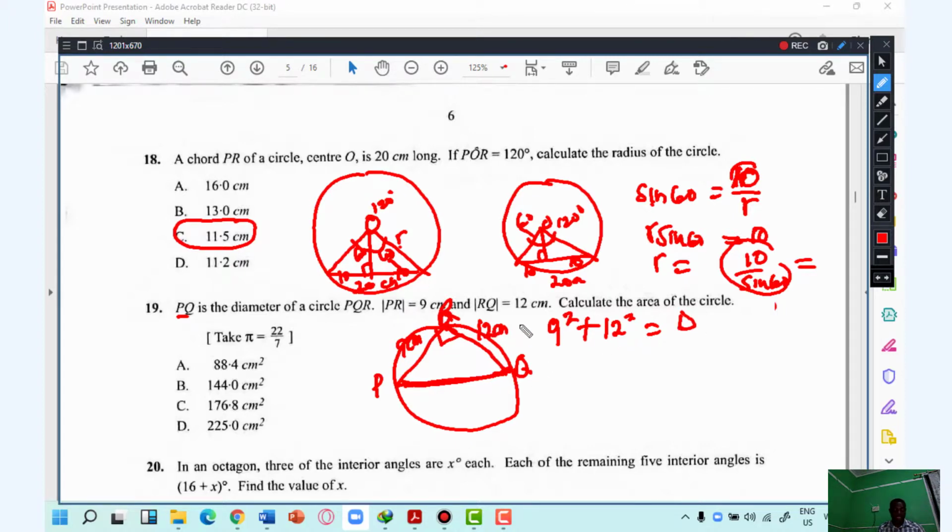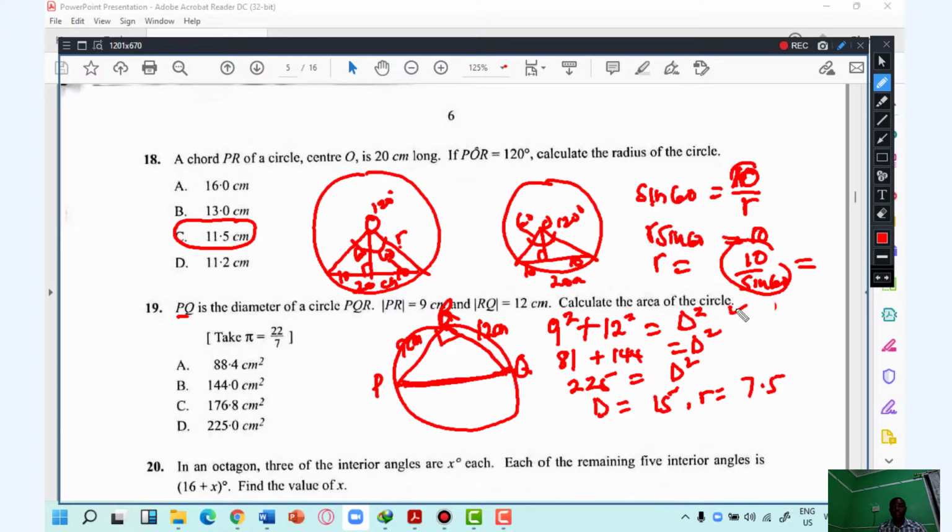What do we get? 9 squared is 81. This 144 should be the diameter squared. So let's add it. 81 plus 144 will give us 225. So our diameter will be 15. Therefore the radius will be 7.5.